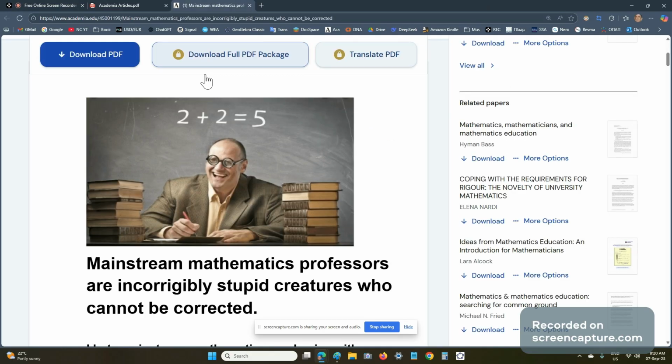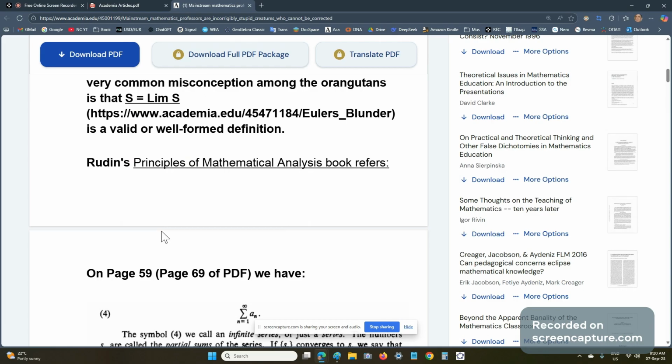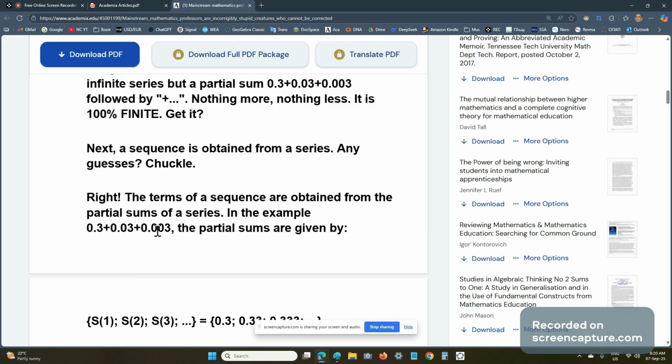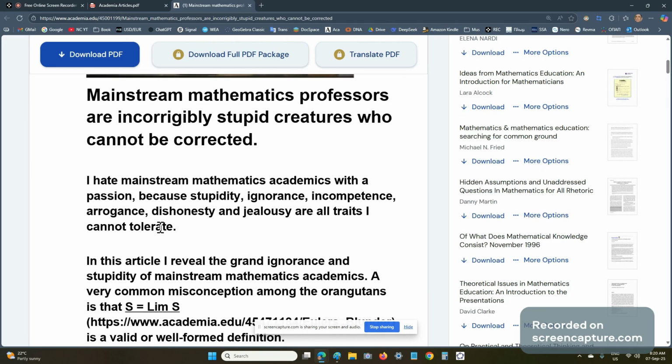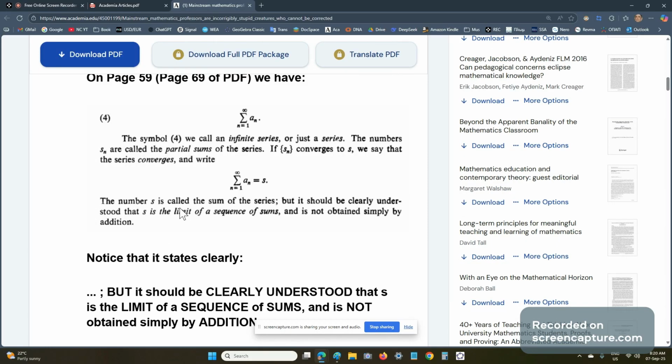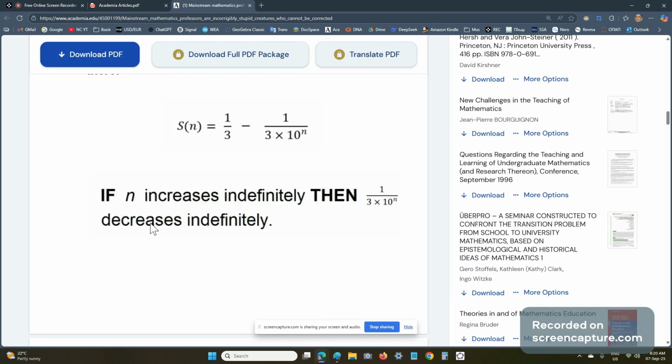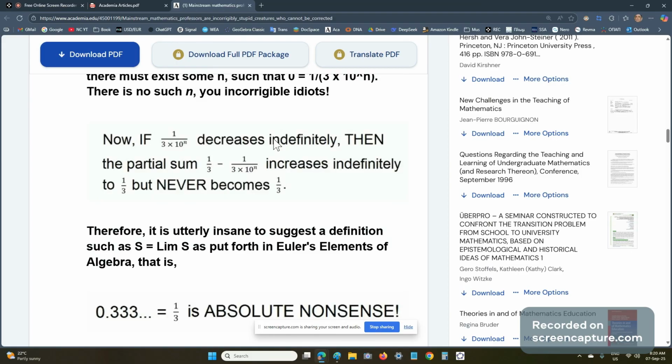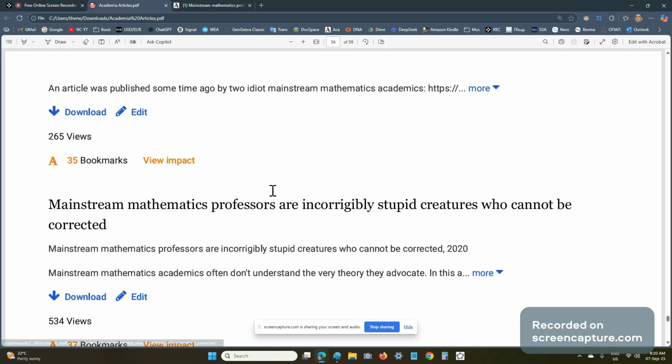You'll be able to see this if you check out this article here, and inside there should be a link to the other, called Euler's blunder. I'll give you the link to it, but it is a partial sum followed by an ellipsis, okay?